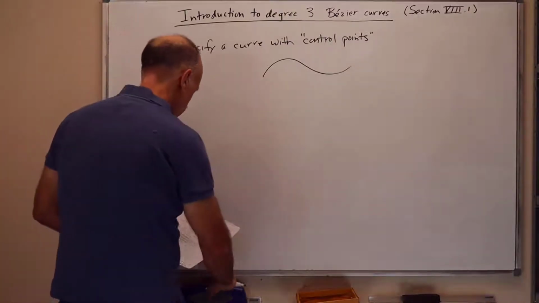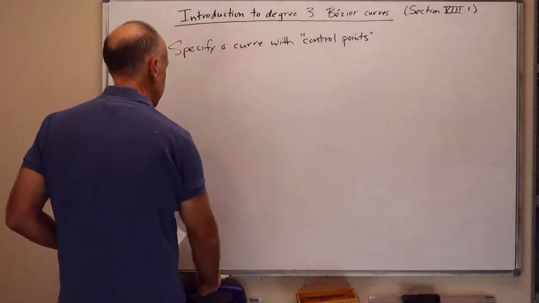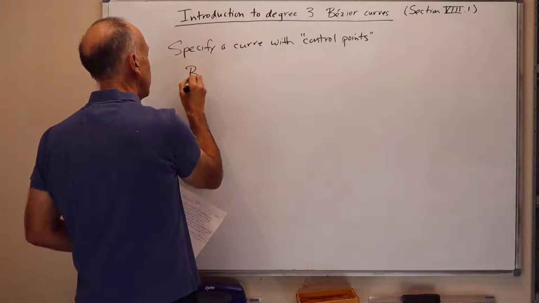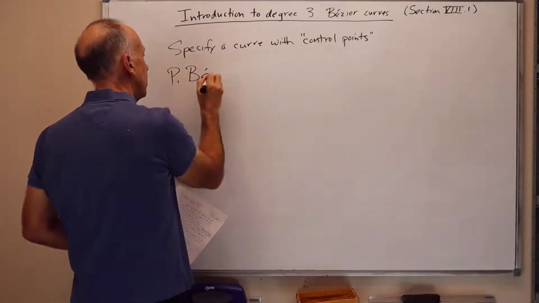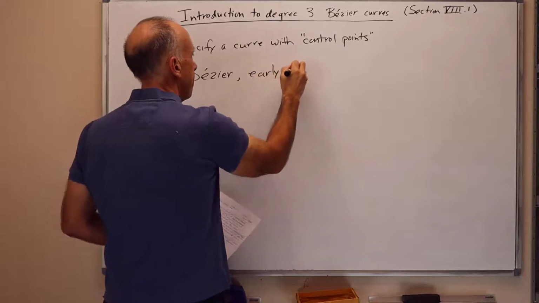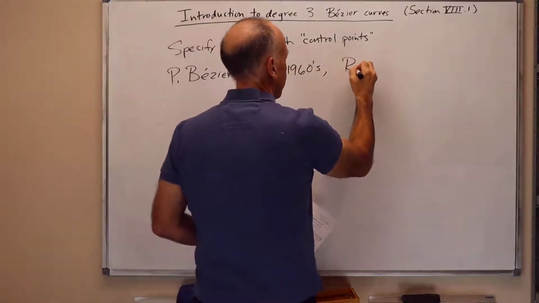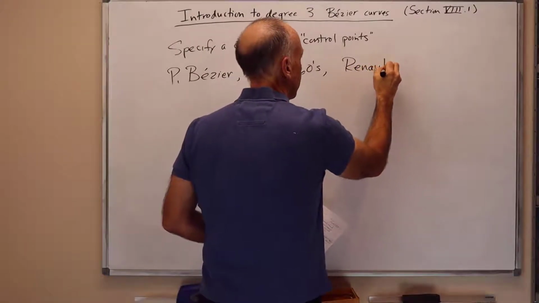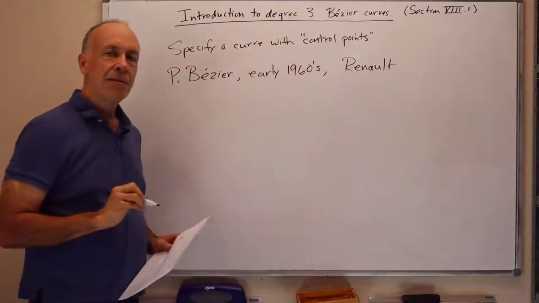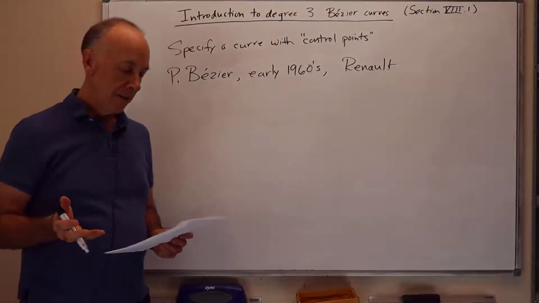These were developed originally by Pierre Bezier in the early 60s, who was working at the car maker Renault, and they were wanting to have mathematical ways to describe the shapes of the car bodies.